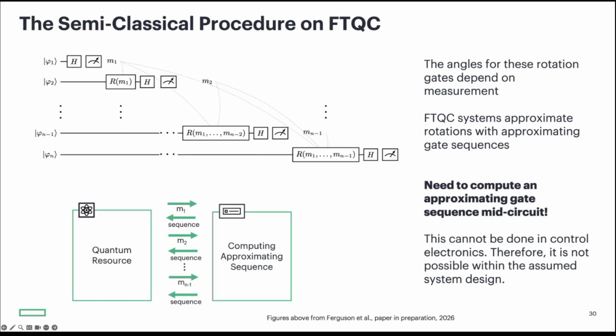Okay, so next I'm going to show you how we can do this. We don't actually have to send these sequences as a list of gates and then have them be recompiled, because recompiling in FTQC would be a significant burden.